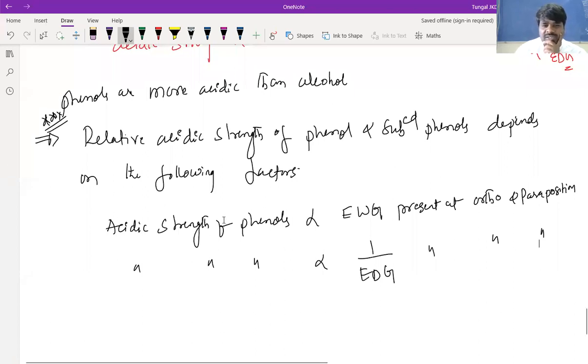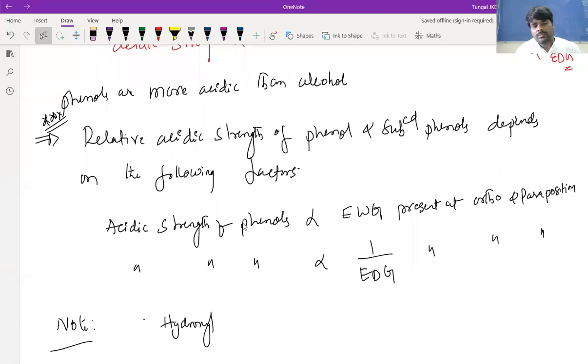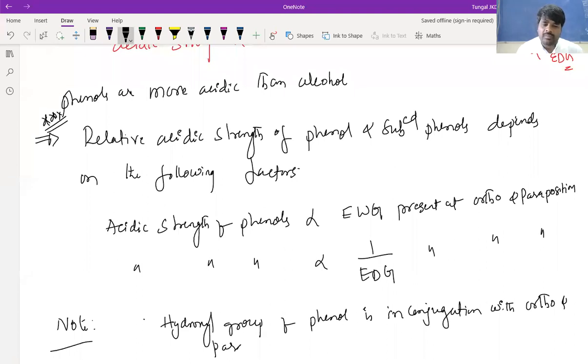See, why is it mentioned here? What is the reason? Note that the hydroxyl group of phenol is in conjugation with the ortho and para positions, but not with the meta position.